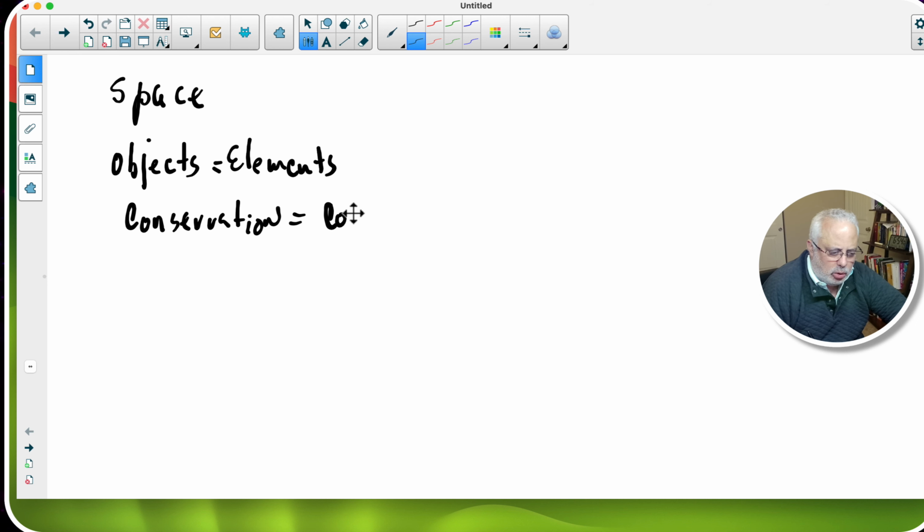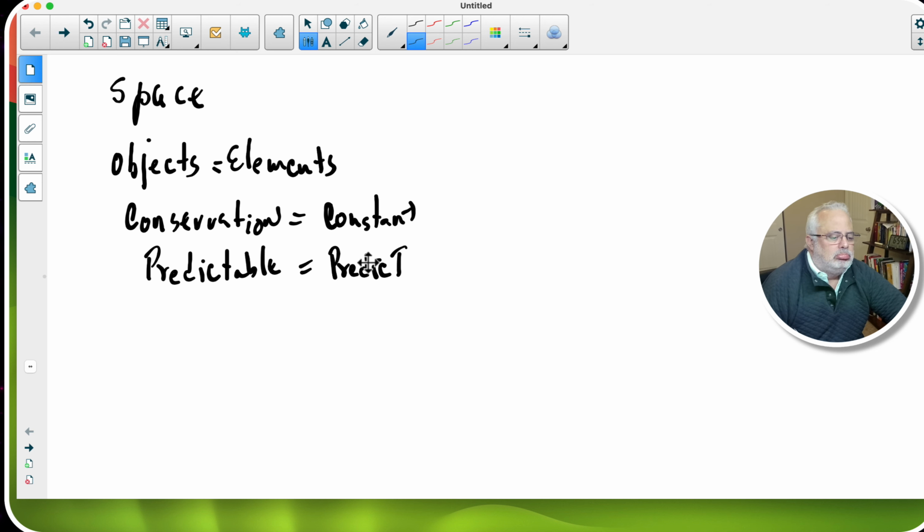That is associated with constant. And I use the word predictable, okay, that we are going to predict. We are going to forecast. And I'm going to leave it right there. Space, objects, conservation, predictable.